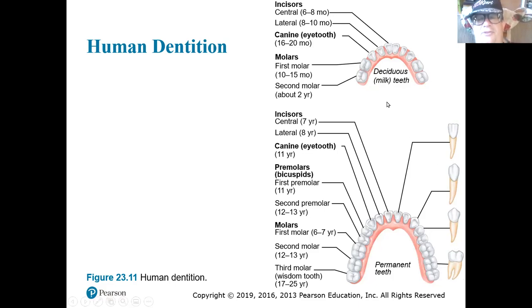Now, baby teeth, there are fewer of them and they're simpler. You have 2 incisors, you have 1 canine, you have no premolars, but you have 2 molars. All right. So 2, 1, 0, 2 would be the baby human formula. 2, 1, 0, 2. And the adult formula is 2, 1, 2, 3. Great. So we got that out of the way.